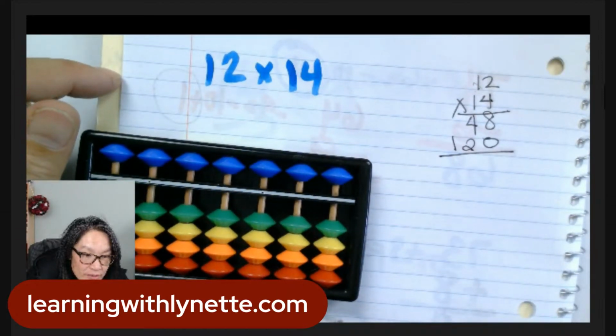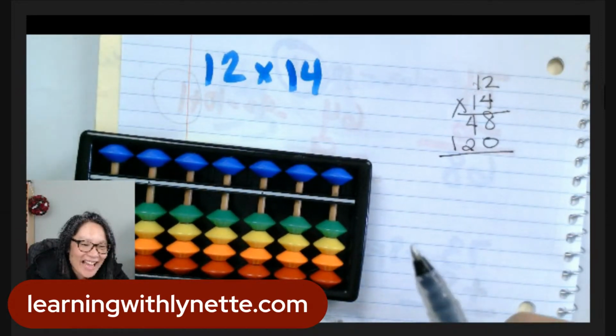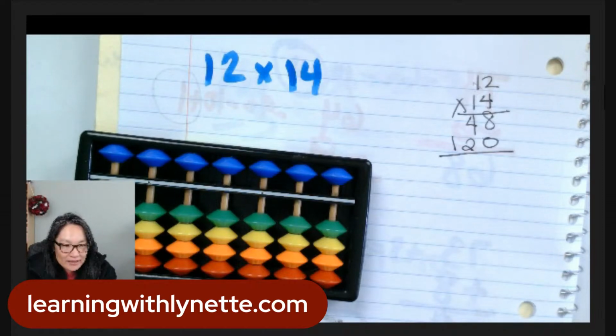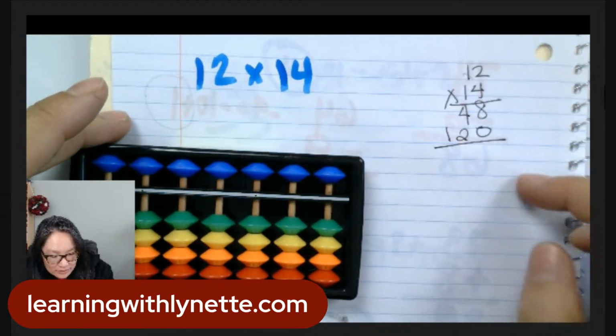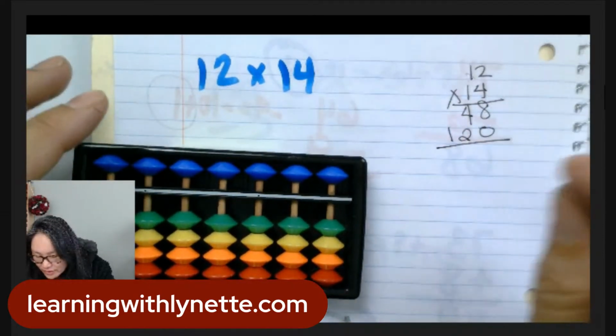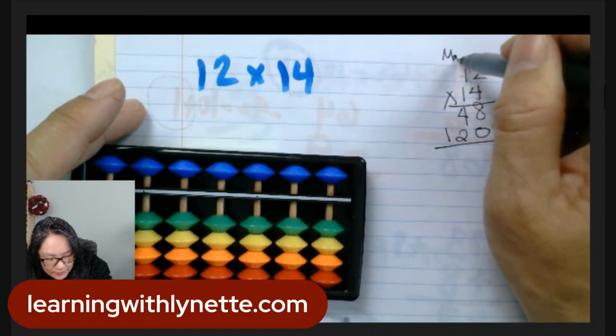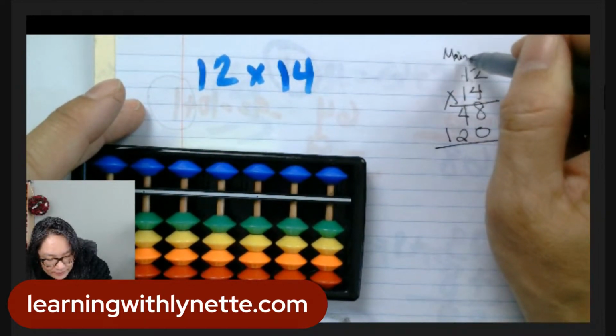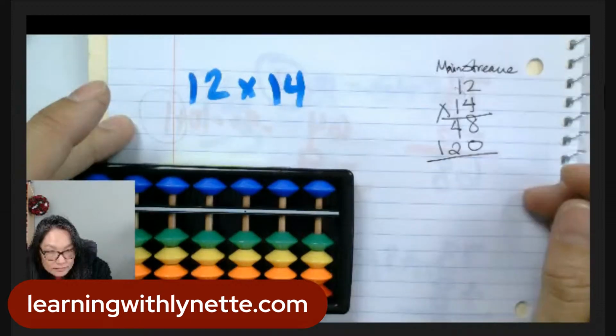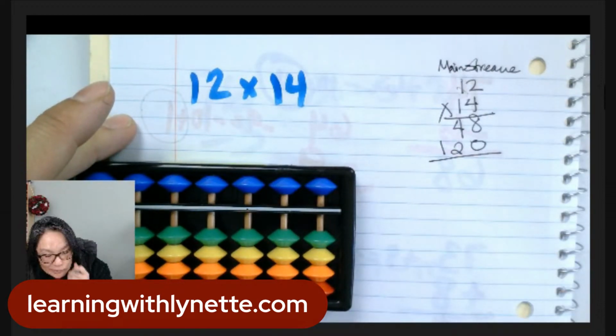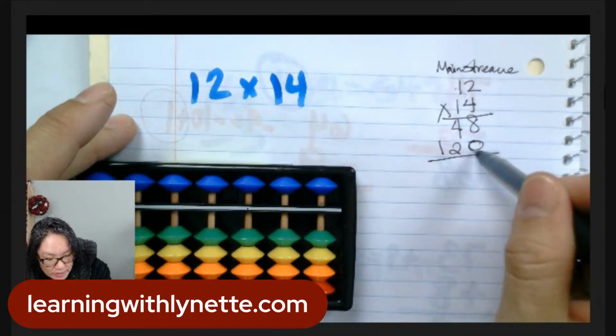I never understood the mainstream math version either. And then, okay, wait, what? Right. So what did I just do? This is mainstream math, right? Why do we do the 0 here?